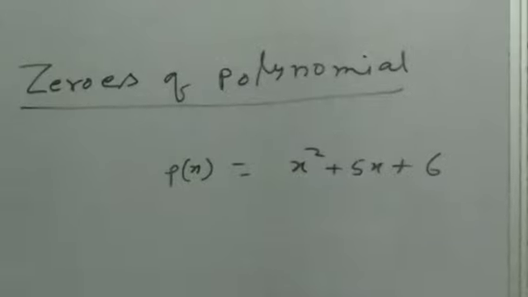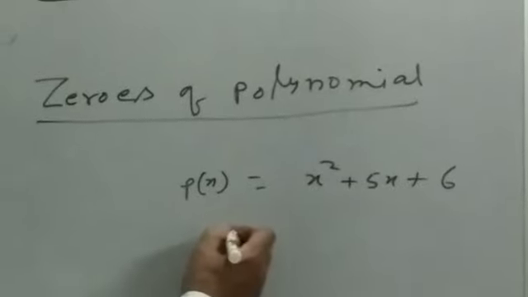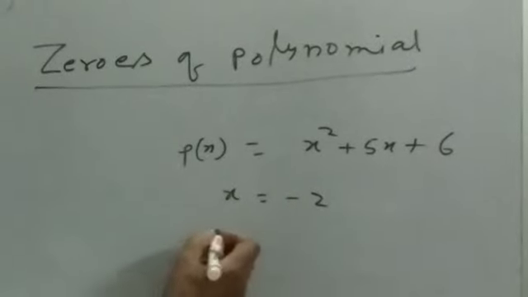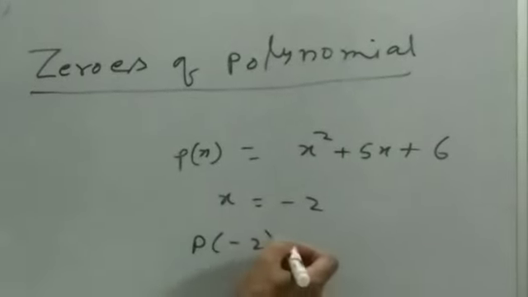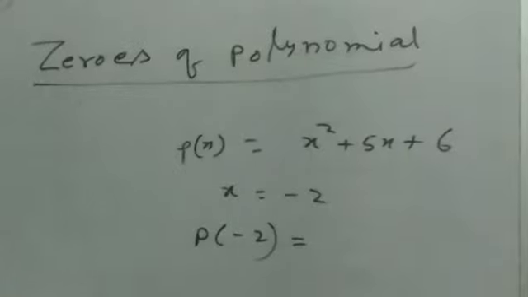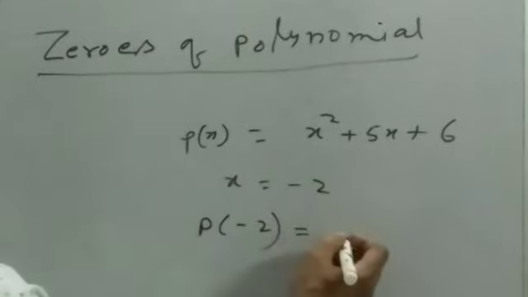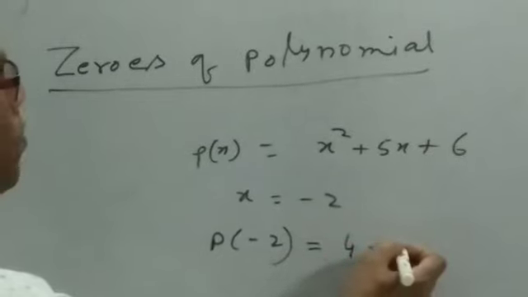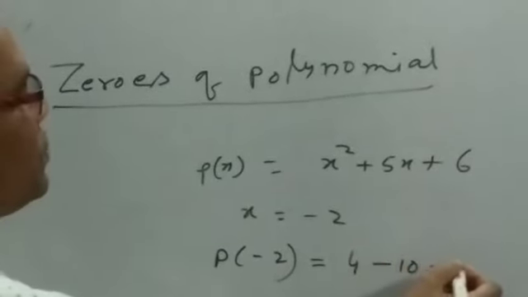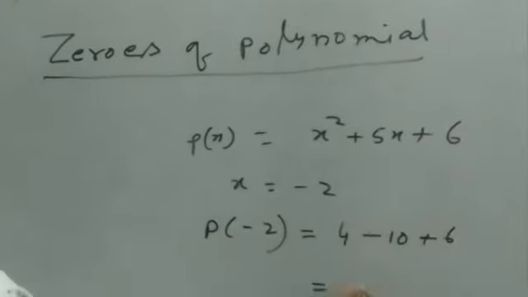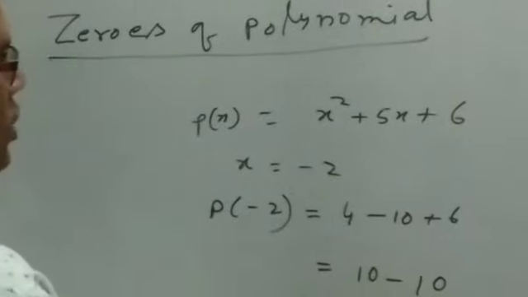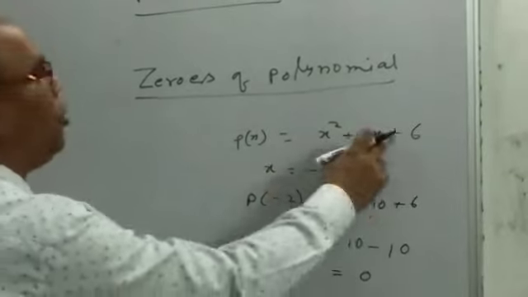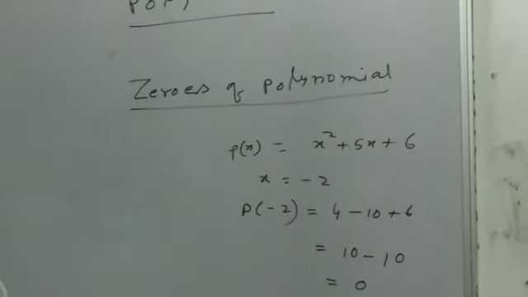By the trial and error method, if we put the value x equal to minus 2 and find the value of this polynomial, here minus 2 square is 4, minus 10 plus 6. So 4 plus 6 is 10, 10 minus 10 is equal to 0. So it's clear that minus 2 is a zero of this polynomial.